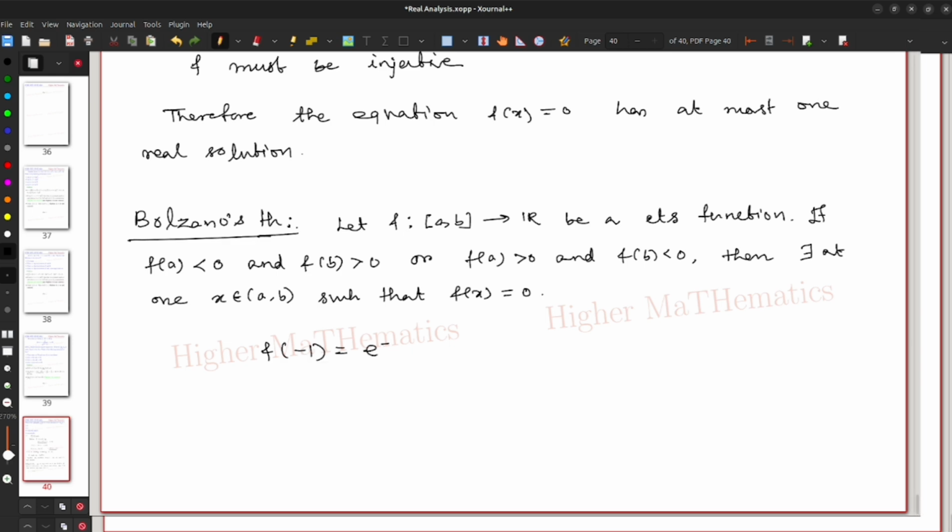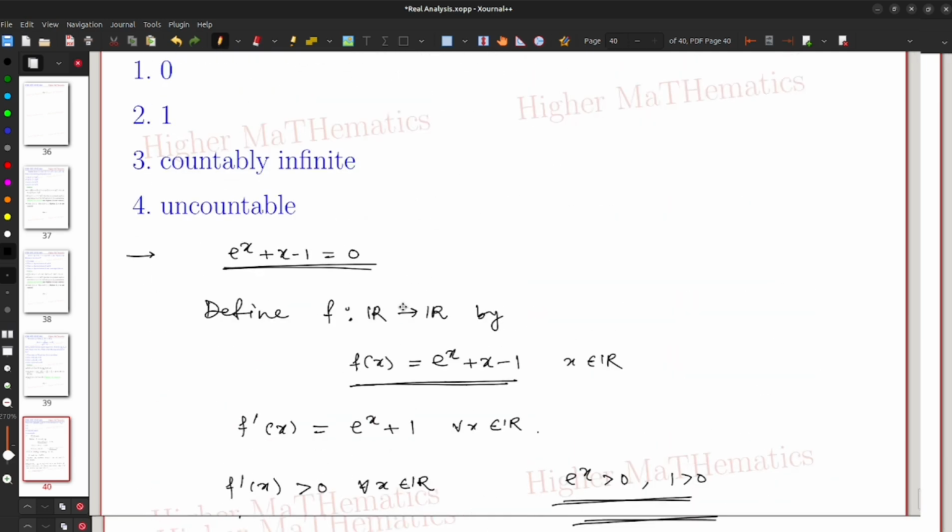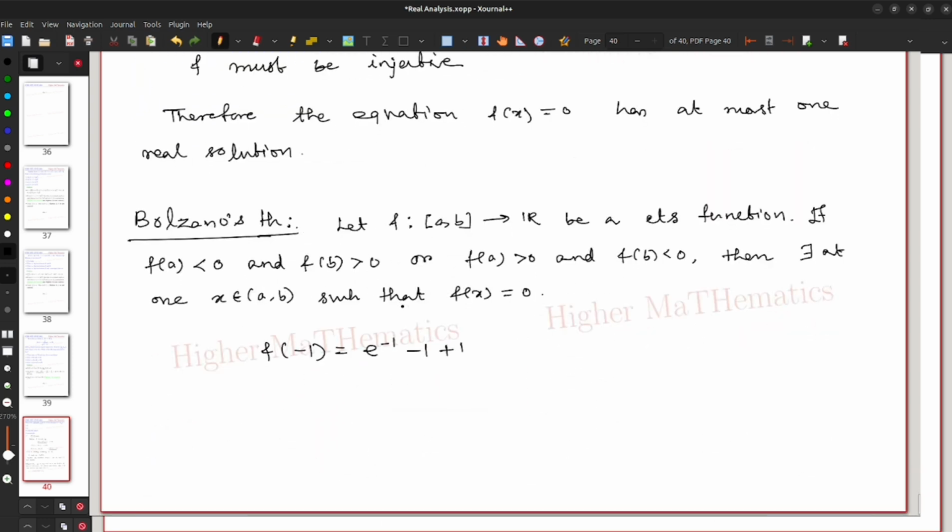So f of minus 1 is e to the power minus 1 plus minus 1 minus 1, so 1 by e minus 2, and this is less than 0 because since e is greater than 1, 1 by e is less than 1, and from this we can conclude that 1 upon e minus 2 must be negative.